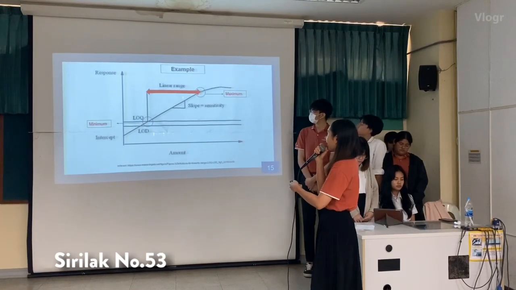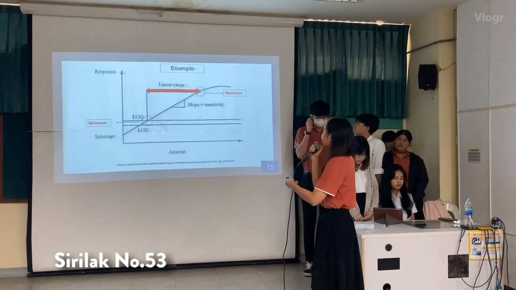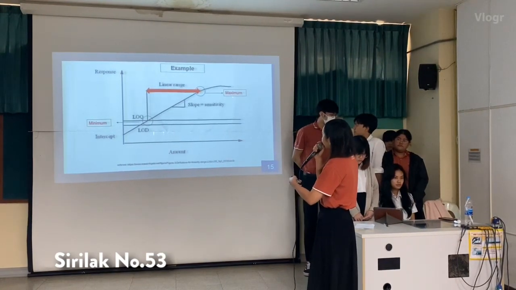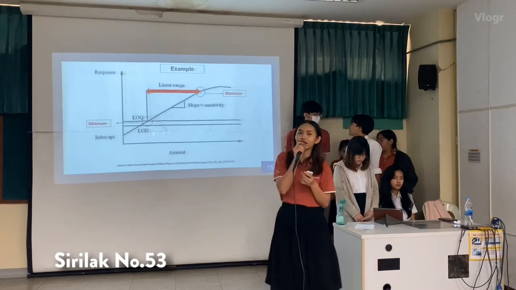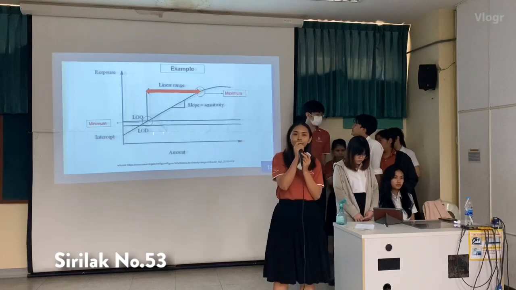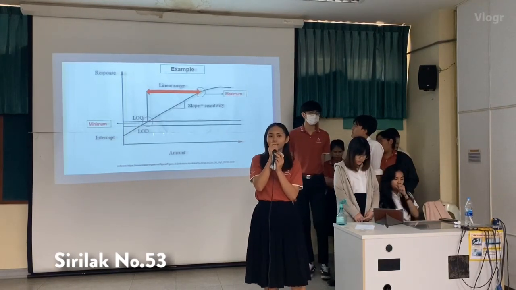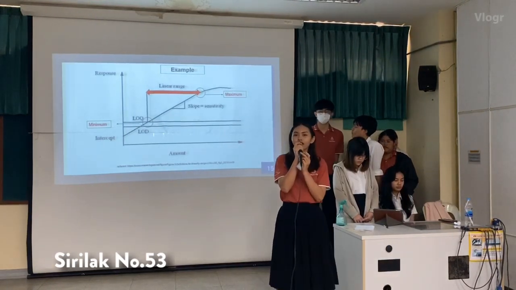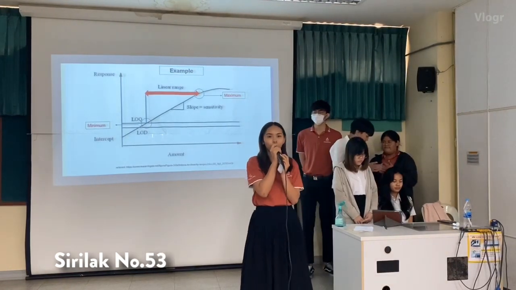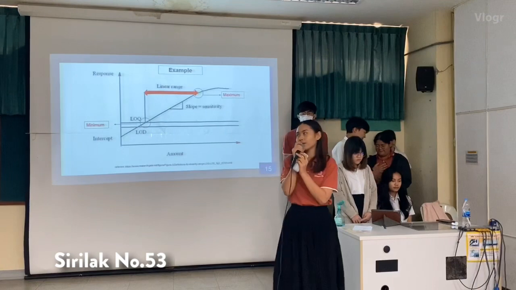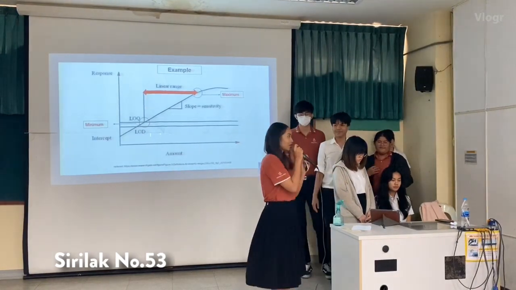The left line indicates the difference between maximum and minimum. That is the range. But the maximum and minimum are measurable and accurate values.